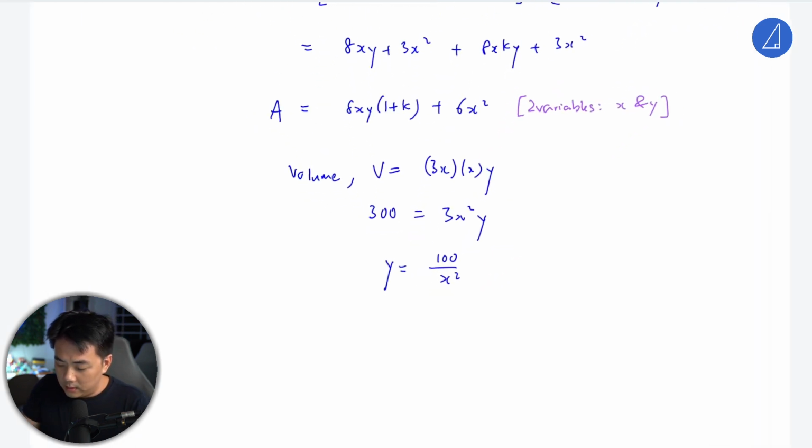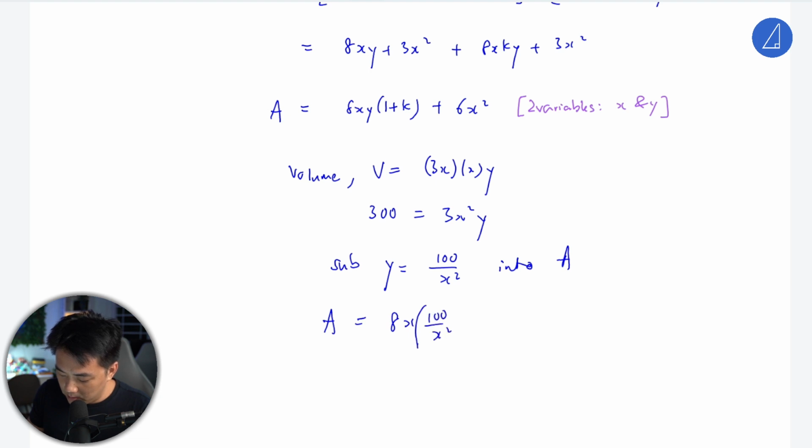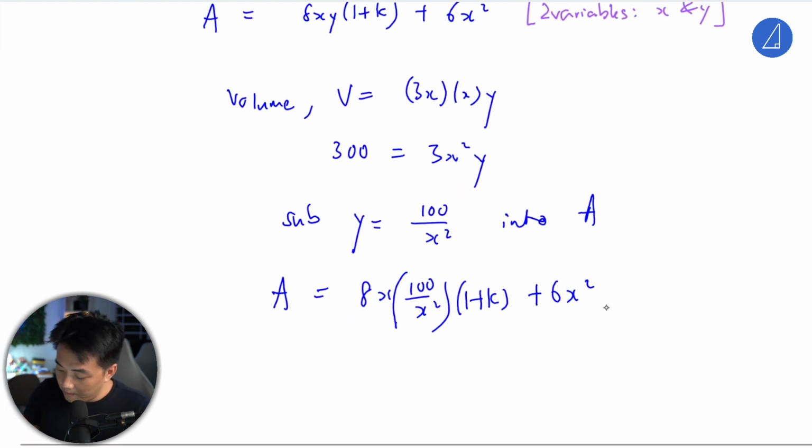So I'm going to sub this into A. Once you sub this into A, A will just become 8x times 100 over x squared times (1 plus k), plus 6x squared. So this will just become one variable, which is in terms of x now.